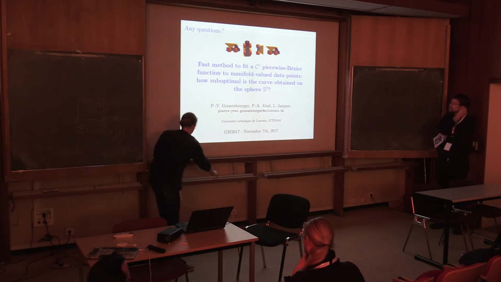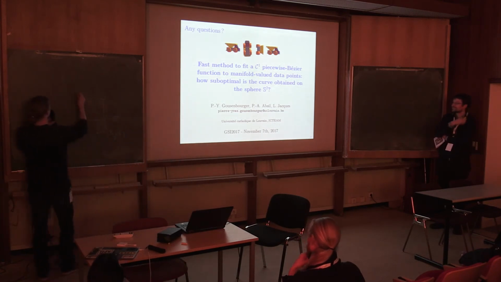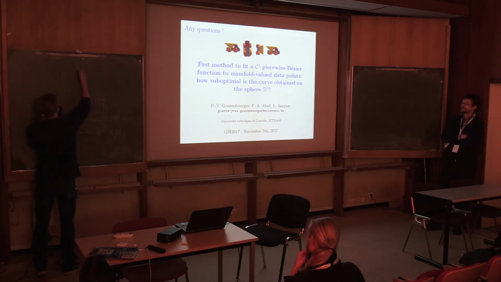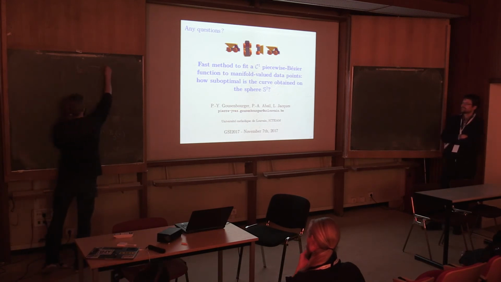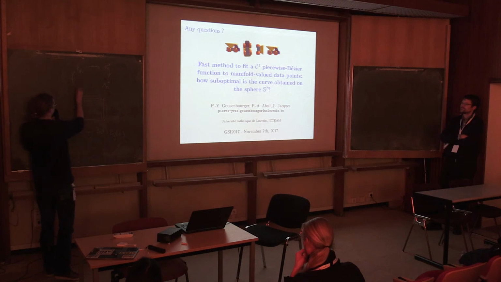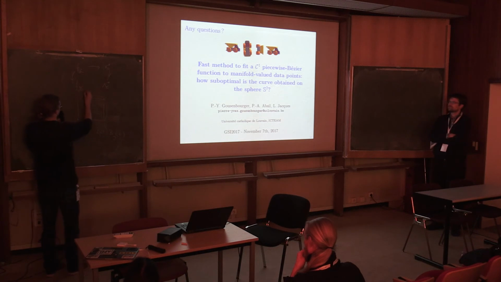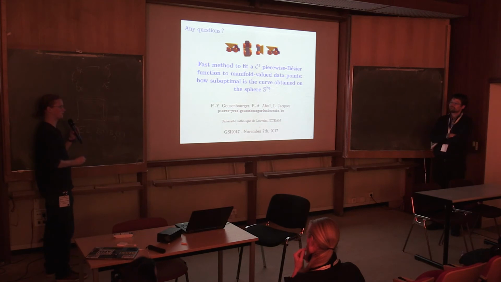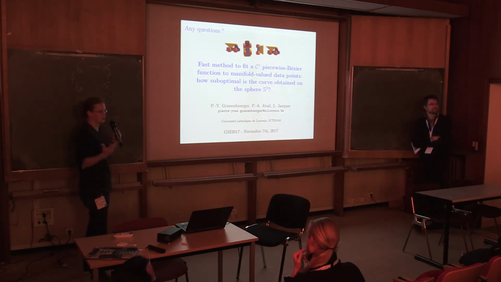So we have the objective function here on the Euclidean space. We obtain the optimal solution there, and here we move this to the optimal solution on the manifold. And if we do the same here, we transfer this objective function, which is that the mean square acceleration is minimized, to the manifold. We are not sure that this link is still good. And this is what we wanted to see.